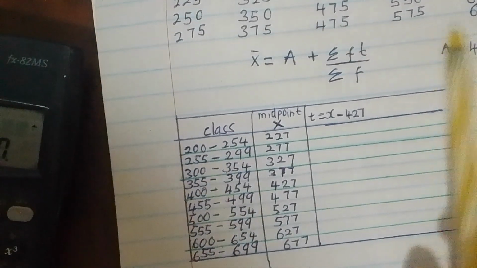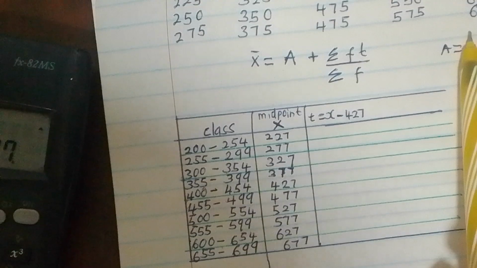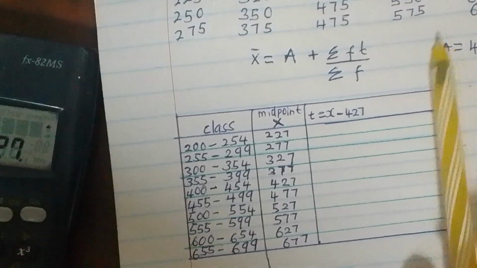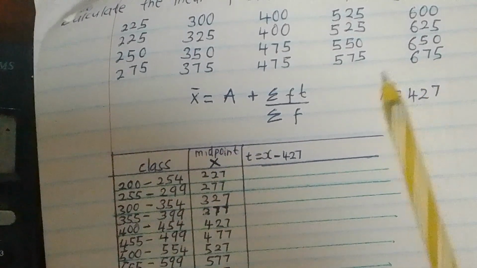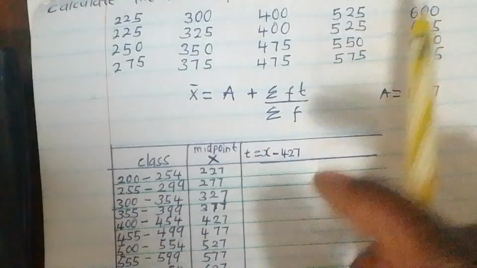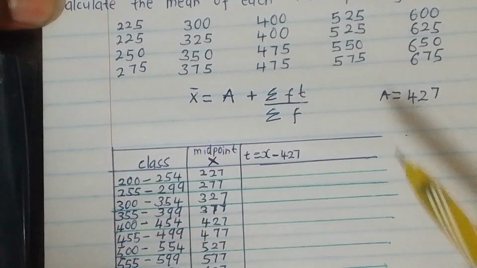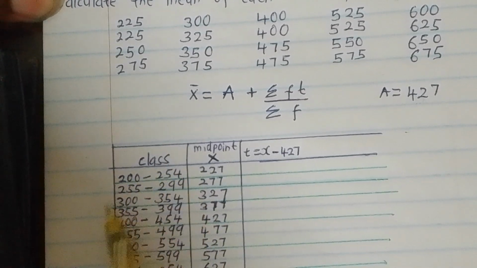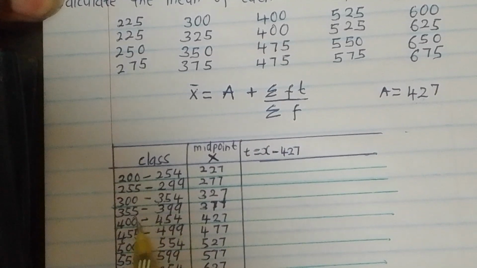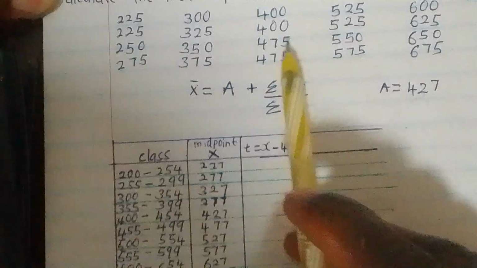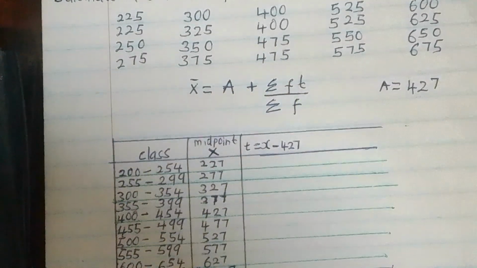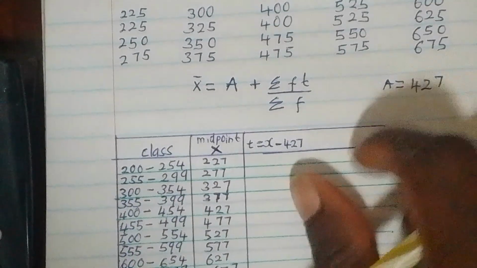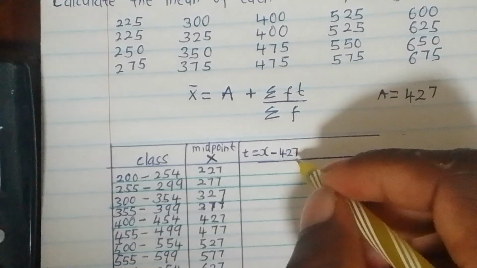You may be given the assumed mean in the question, but if it wasn't given, you can take the class that is in the middle and find a value in between there. I think in this question we were given the assumed mean. So let's continue.